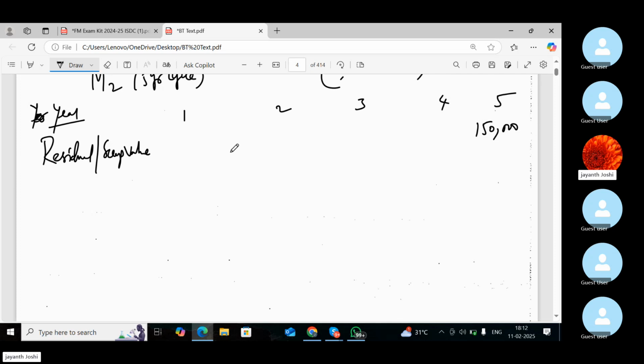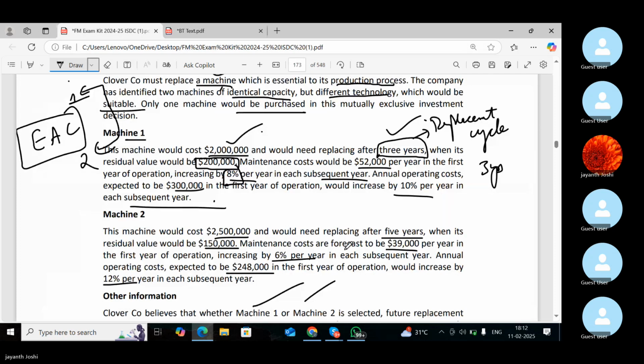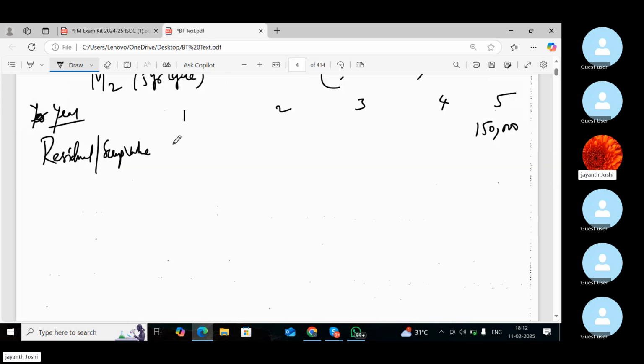So what we're going to do here, what is the maintenance cost? 39,000. It's going to increase by 6%.